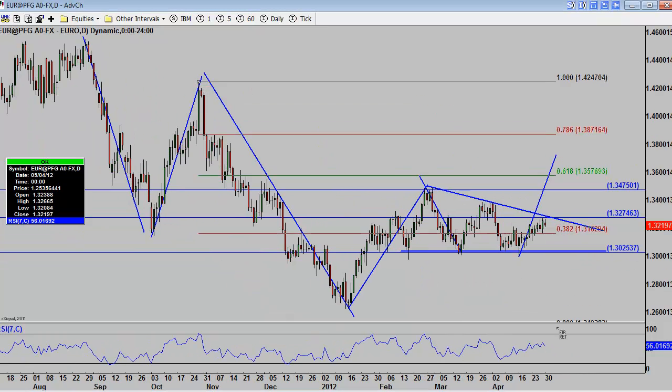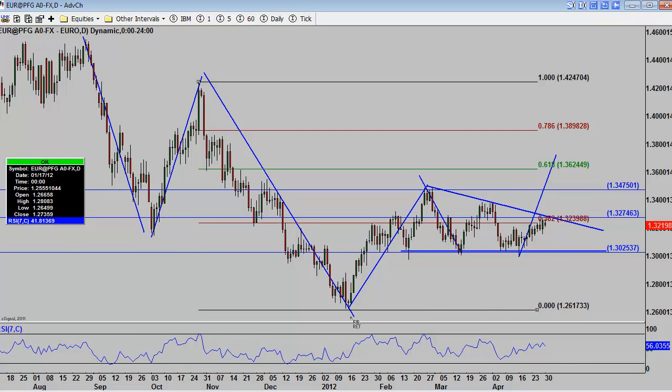Let me just draw in some ratios here. Yeah, we're going to come into a bat pattern, which means a potential sell. Let me just do it like this to make it easy. Potential sell around the 886. So if we break out to the upside, we'll be looking to finish this pattern off around an 886.